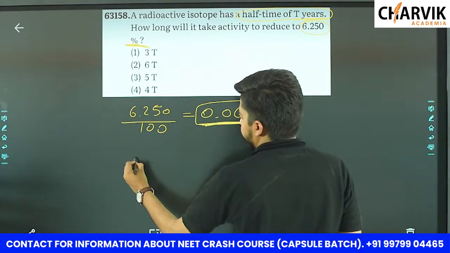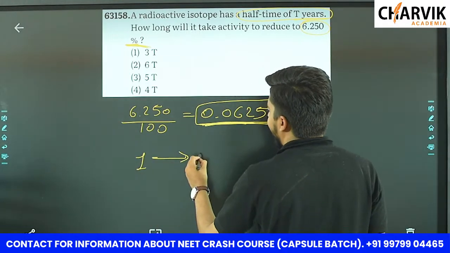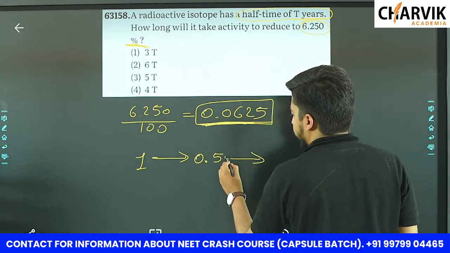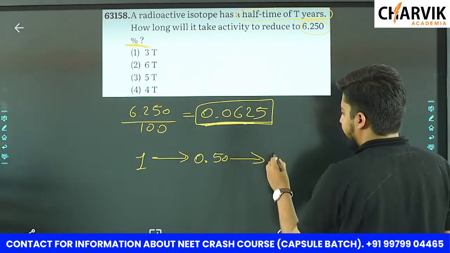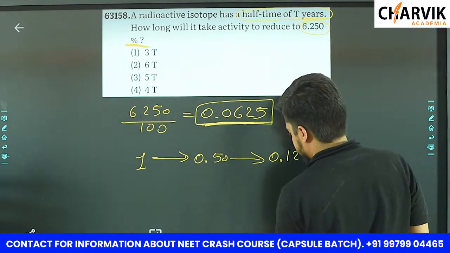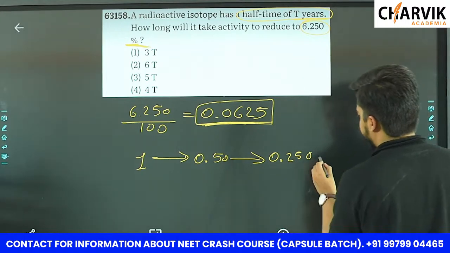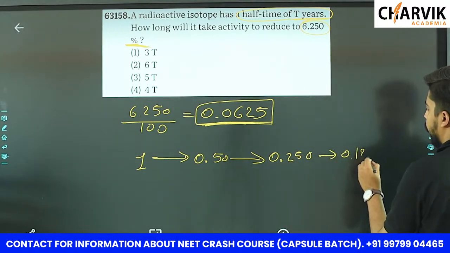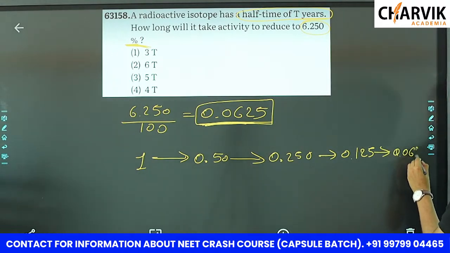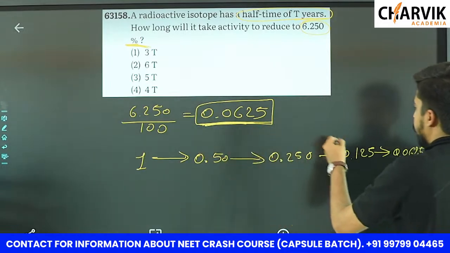If you have the full amount of the element, after one half life the activity will become half of it, that means 0.5. From this 0.5, after another half life, it will be 0.25, and after again a half life period, it will be 0.125, and then again you will get 0.0625. So how many cycles does it take? 1, 2, 3, 4.